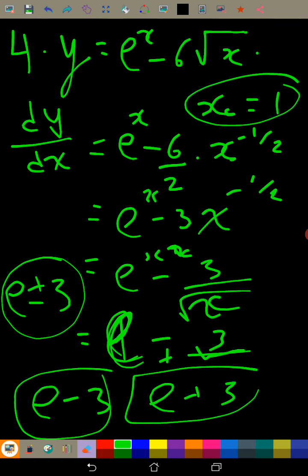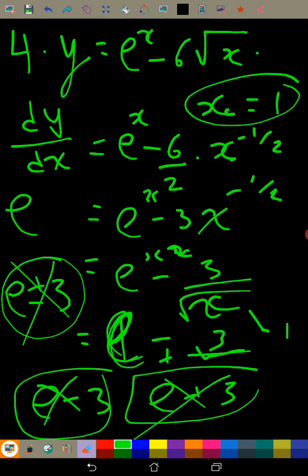But here it says that it's minus 3, because square root of 1 here. No, it's not like this, it's just like 1, and it's e minus 3.